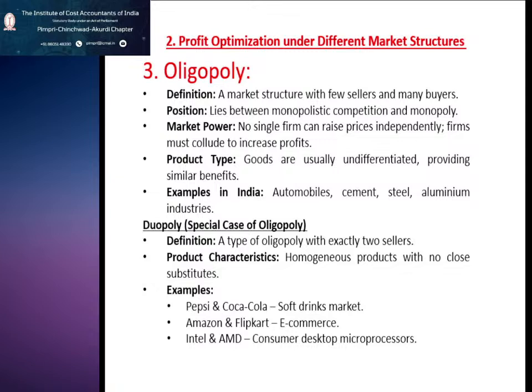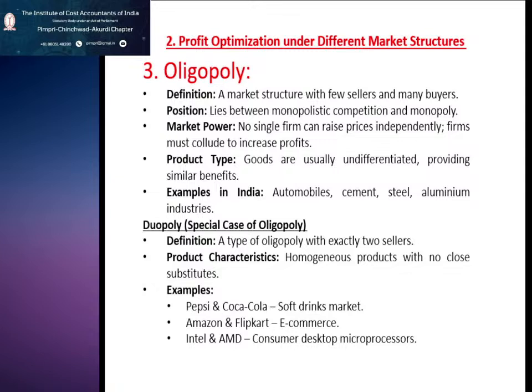A classic example in India would be Pepsi and Coca-Cola. In the soft drinks market, these are the two duopolists. Both provide homogeneous products, but they are not substitutes for each other. Another example in the e-commerce industry is Amazon and Flipkart.